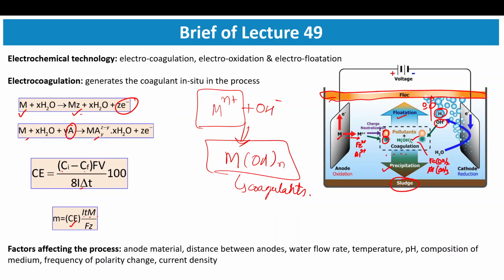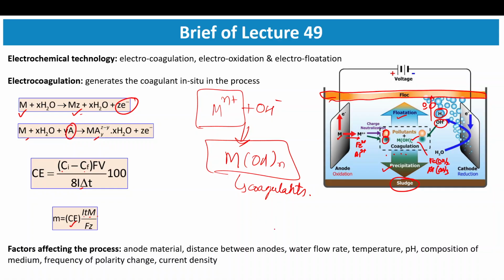And since you are generating coagulant in situ, it depends on the electrolyte conditions, the amount of charge formed, and the amount of charge utilized in generating electricity and in oxidation. So these are the formulas for current efficiency, where you calculate the efficiency of the process by the amount of charge utilized per unit total charge, right?